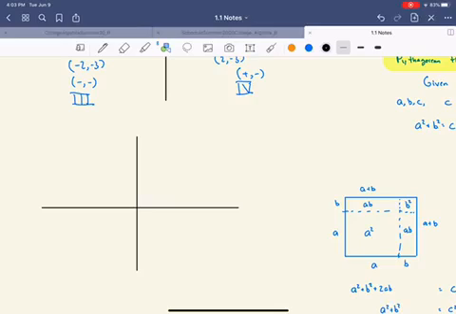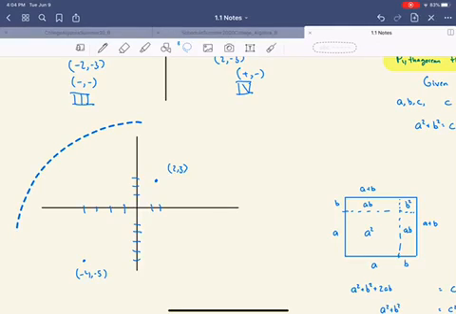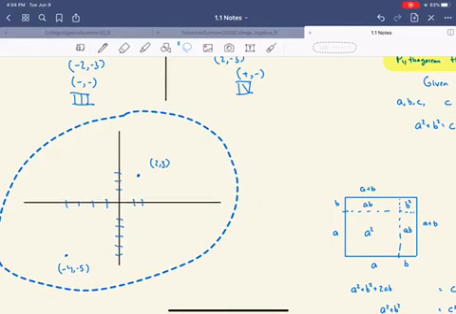Okay, and let's start with, say, the points 4, -5, -4, -5, and the points 2, 3. Okay, so our problem is to find the distance between these 2 points.